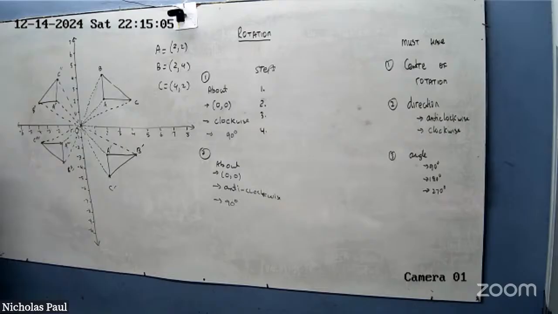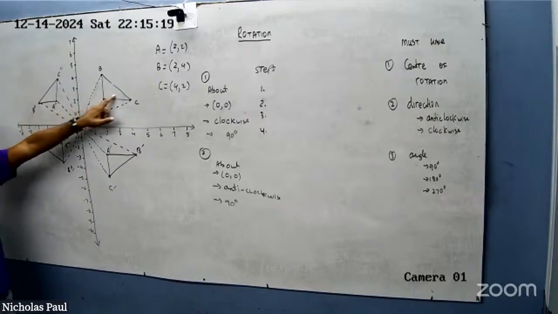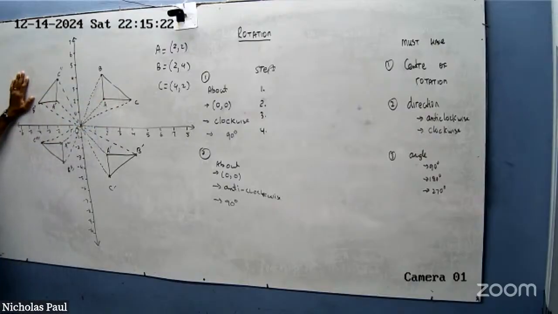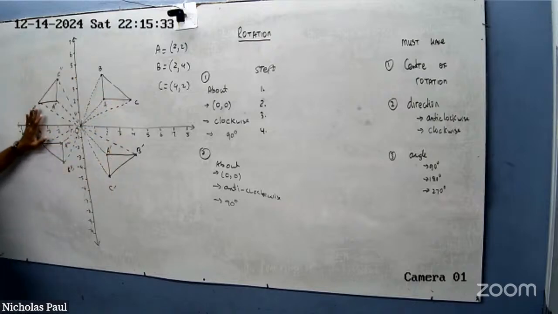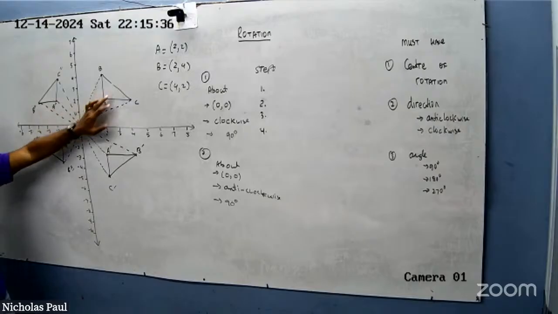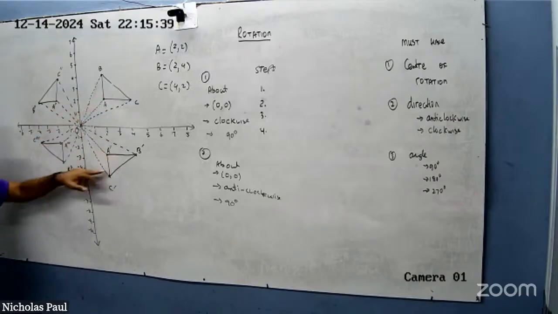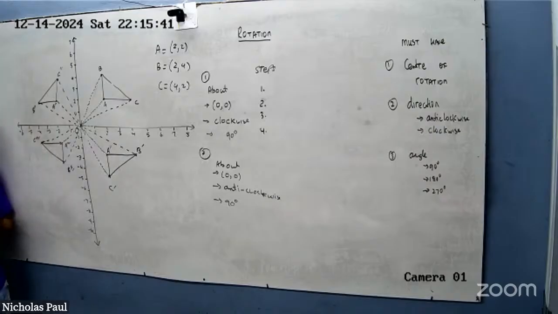I have two questions. Suppose I ask you to do a translation about 0, 200, and for this one, 270 degrees clockwise. Which one of these here represents that rotation of ABC? Remember, they're all labeled differently. 270 degrees clockwise.